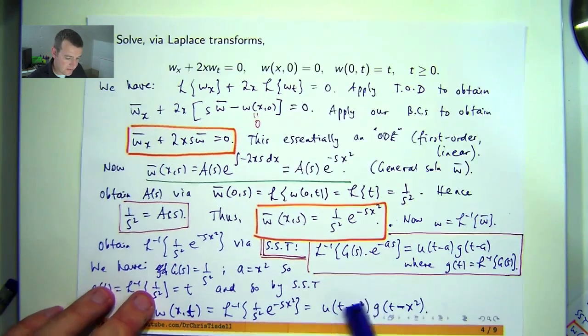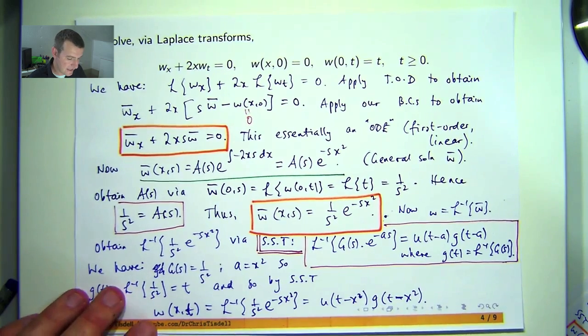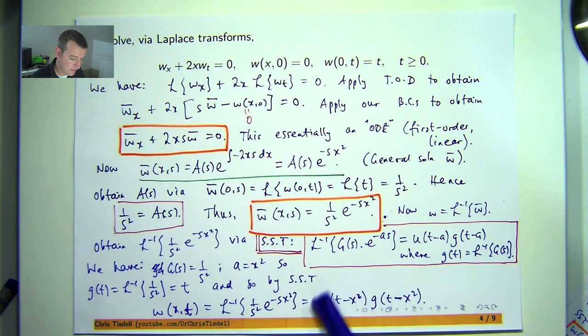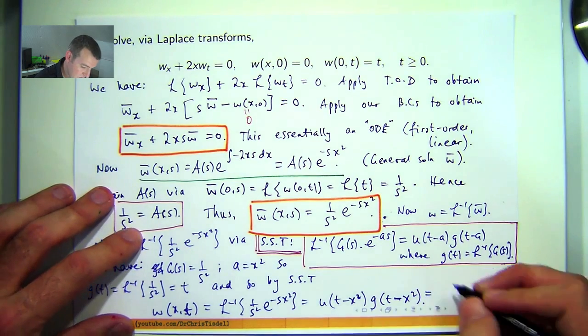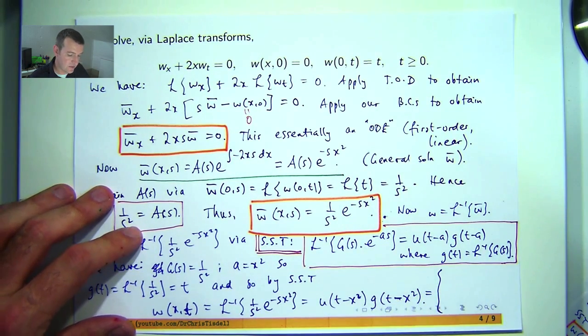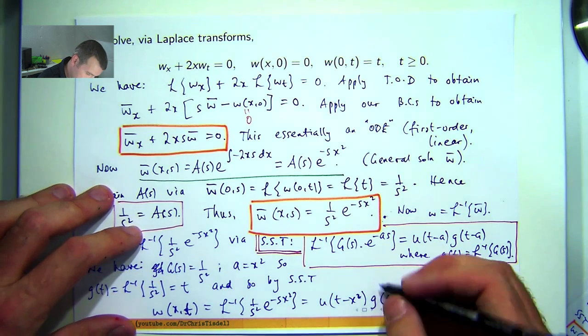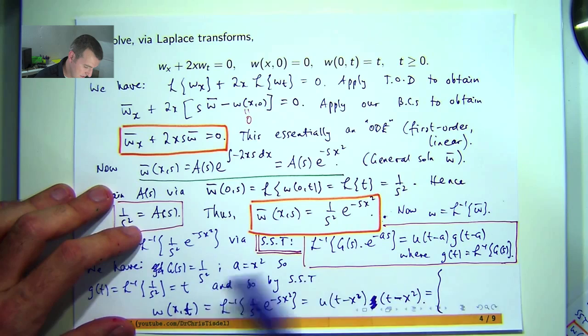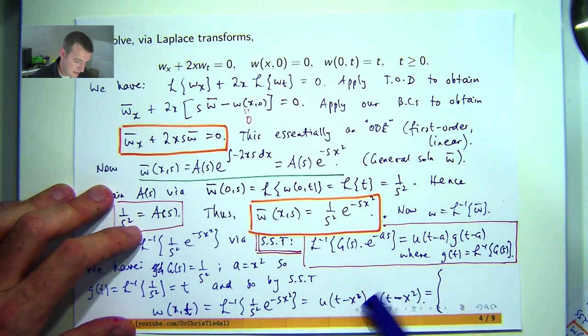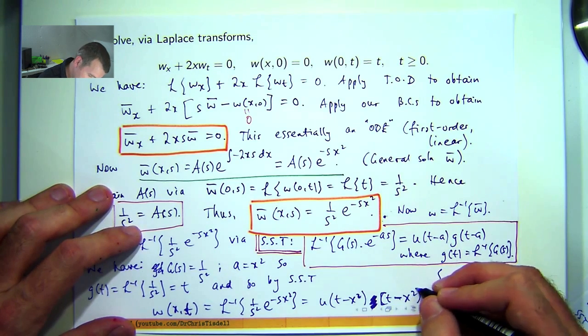Well, when t minus x squared is less than 0, this thing will be 0, so the whole thing will be 0. When t minus x squared is greater than 0, this becomes 1, so the whole thing would be, sorry, g's just the identity function here. Okay, so you don't need that g there. Okay, let me put in some square brackets.